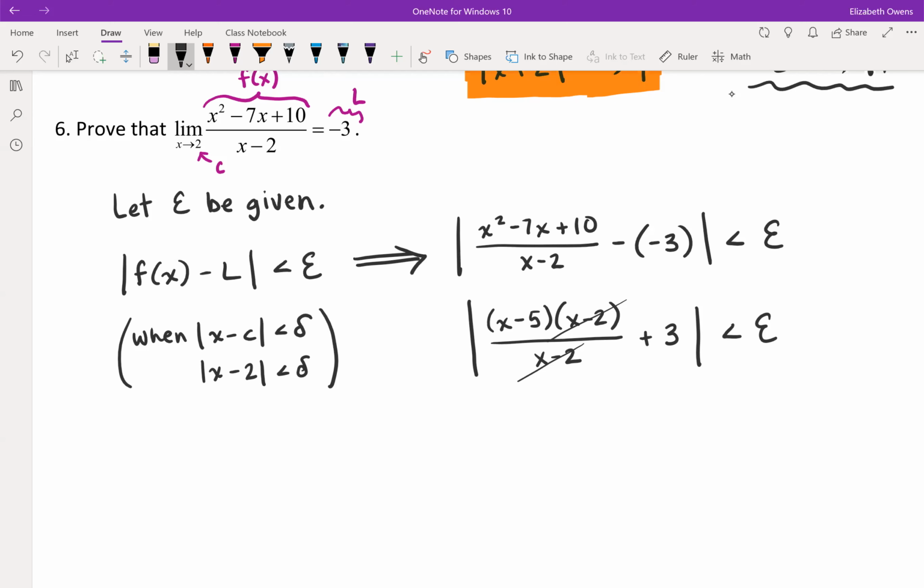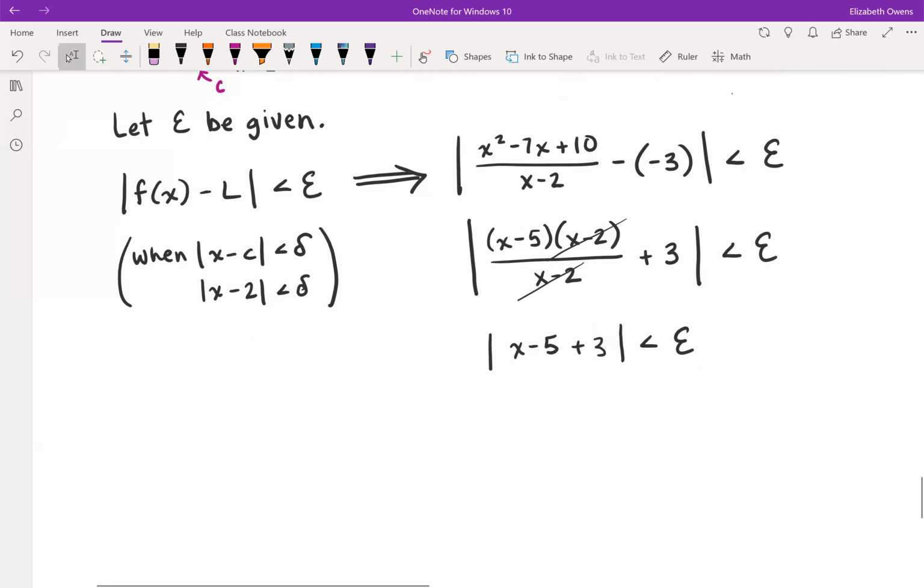How nice. Because then we're left with x minus 5 plus 3 inside our absolute value. And hey, that actually turns out to be x minus 2 inside our absolute value, less than epsilon. So we don't even have to divide by anything in this particular example.